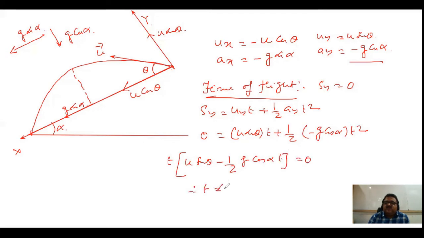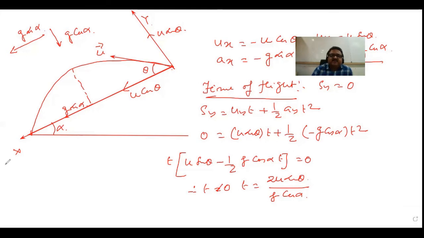Therefore, t cannot be equal to 0, so the time of flight is t equals 2u sin theta by g cos alpha. Clear? So this is the time of flight.